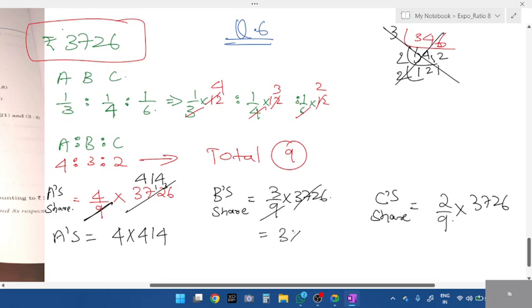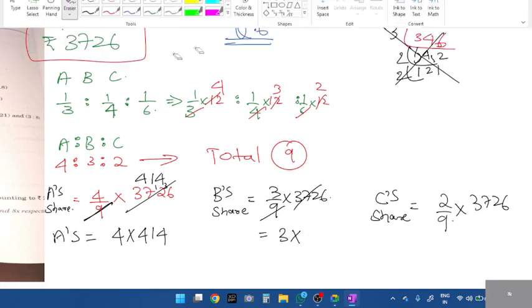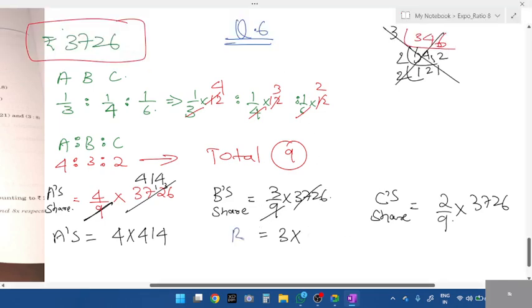Here, 3 into how much, students? 3 into 414. Next, 2 into 414.